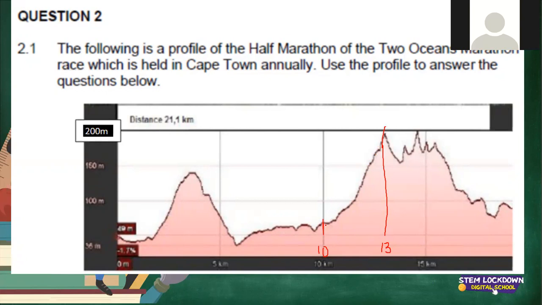That means I need to know per kilometer, how many meters do you climb? Okay, this one is very challenging.